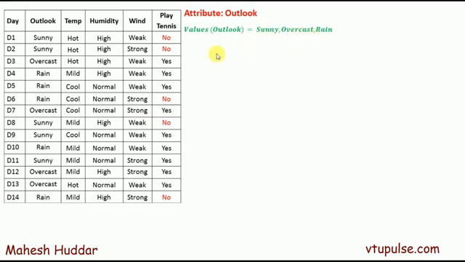The entropy of the entire data set is calculated something like this. The whole data set is represented as S. In this particular data set we have 9 positive examples and 5 negative examples. The negative examples I have marked as red.